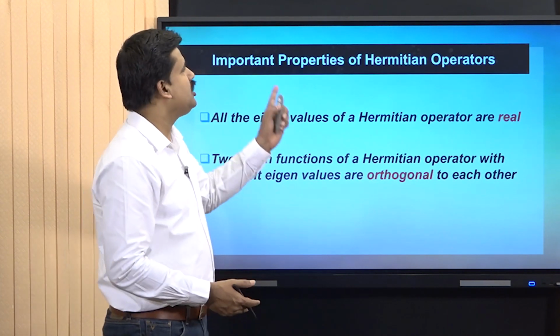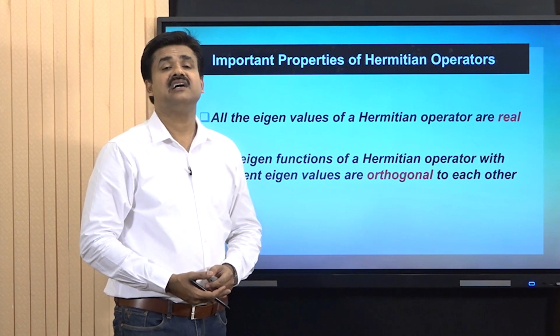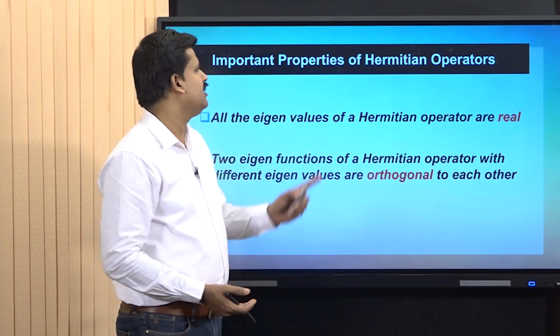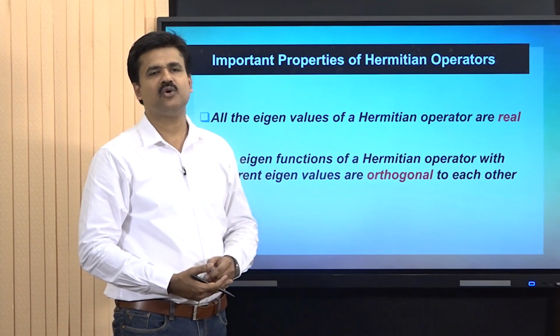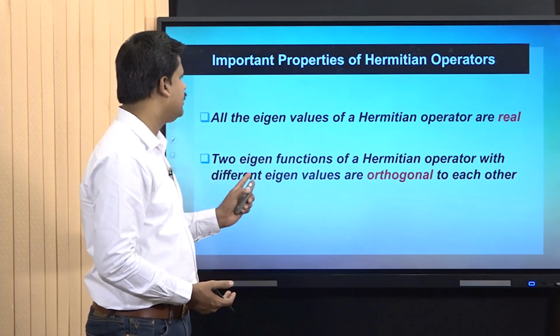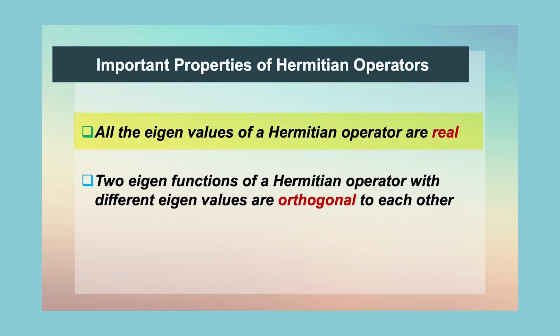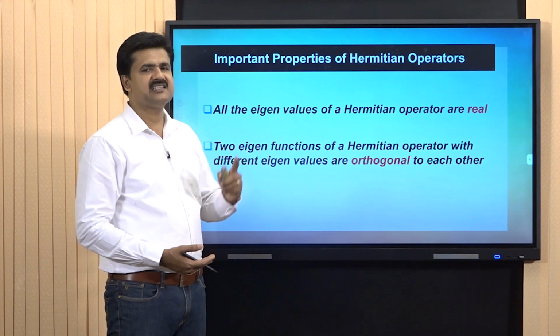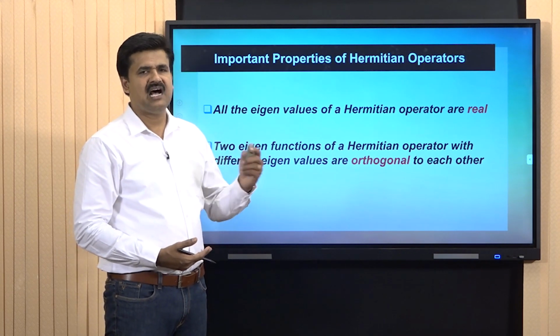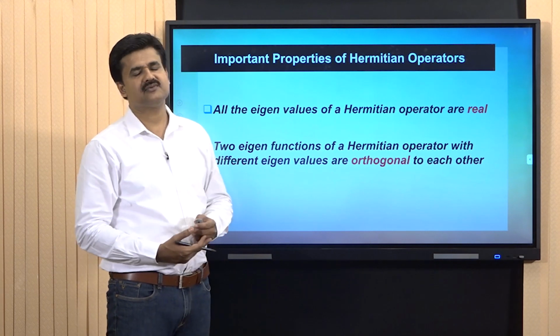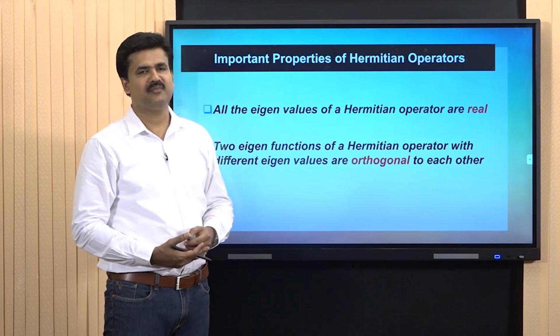Now, important features of Hermitian operators. The two important striking features of Hermitian operators are: first, all the eigenvalues of a Hermitian operator are real. This statement we can discuss more thoroughly with the eigenfunction postulate, and we can discuss the properties of Hermitian operators in coming modules.